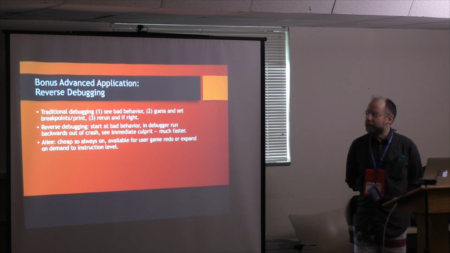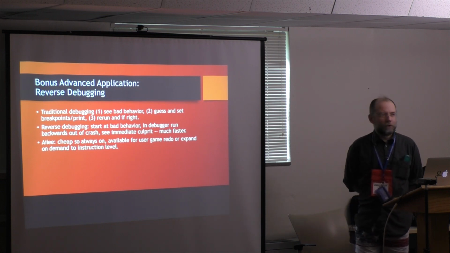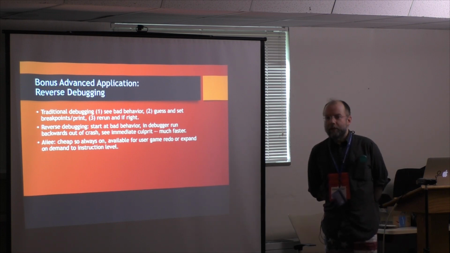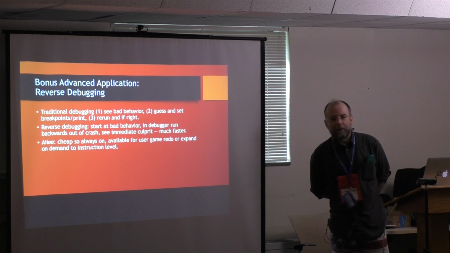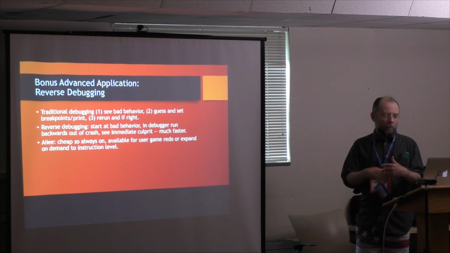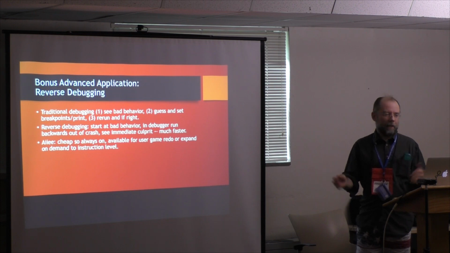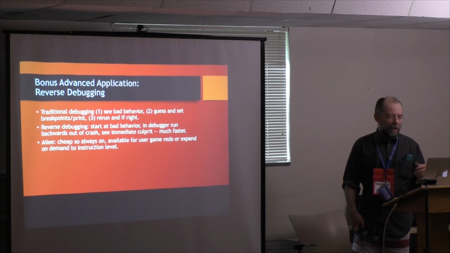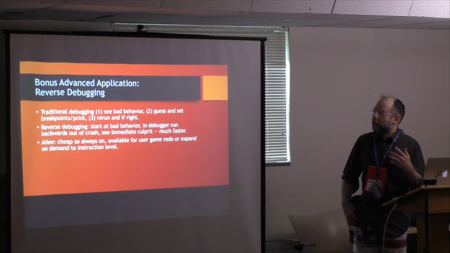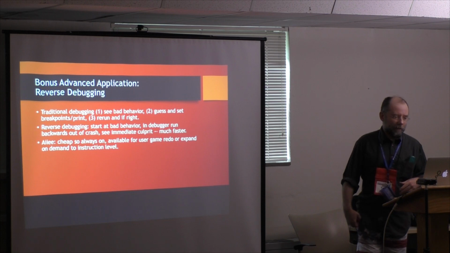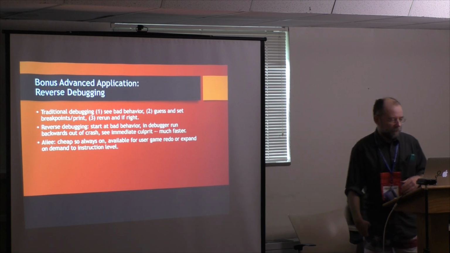Reverse debugging does it the other way around. You start at the crash site, and you go backwards, and you can first remove the damage that the crash did, and then you can be examining the possible causes backwards, and you can very quickly determine the cause of the problem.